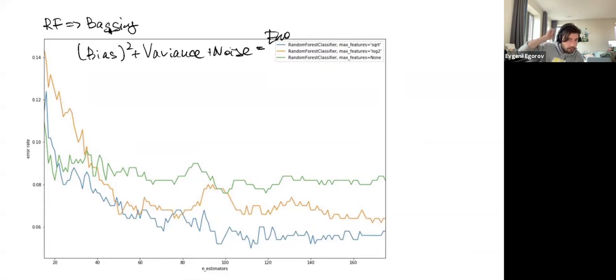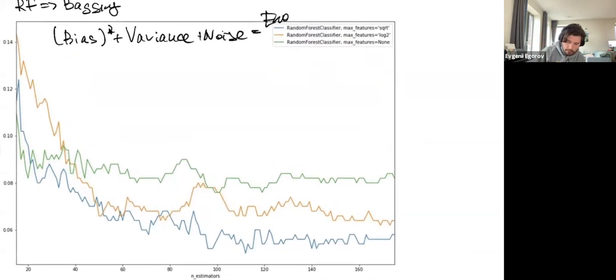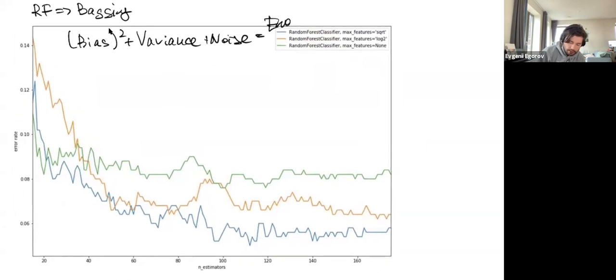And we see random forest with different amounts of features. Up to some point, its error is decreasing with the increasing number of estimators. And then it starts fluctuating and ends up nearly on the same line.